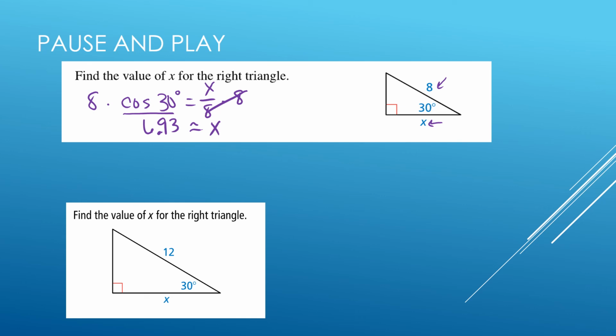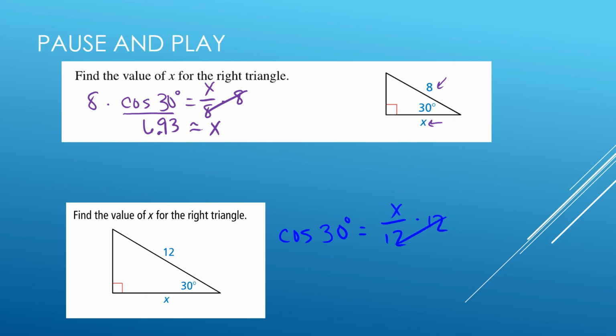Okay, so for the next question, again, you can pause and try this one. Hopefully you can get this one a little better by yourself if you didn't get the first one. This one is similar. It's still adjacent over hypotenuse, so it's cosine. Again, we set up cosine of 30 degrees equals x over 12.